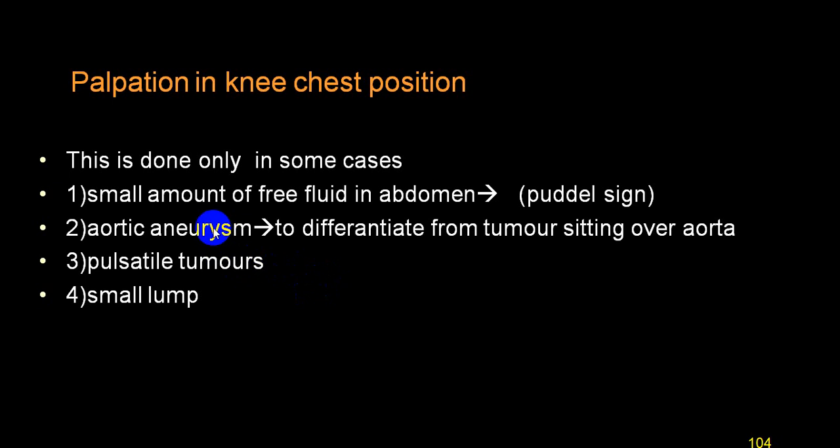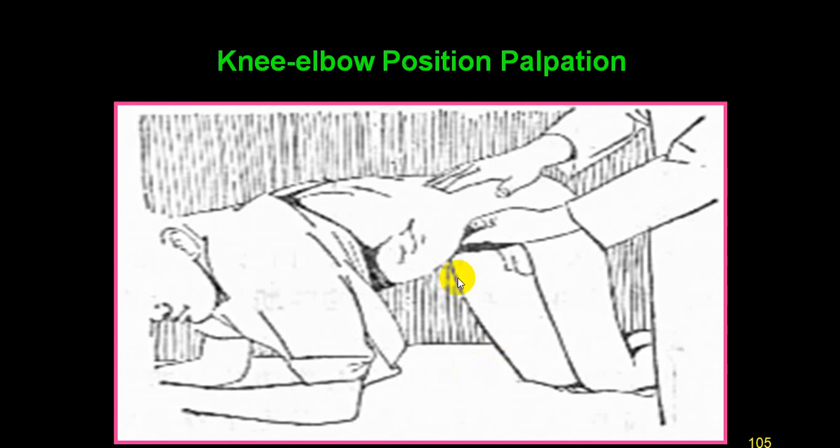But abdominal aortic aneurysm pulsation will persist and it will be an expansile pulsation, not a transmitted pulsation. While in case of a tumor or a mass sitting on the abdominal aorta, it will be a transmitted pulsation. And the Pezzi sign we have already explained in percussion. So this is the knee chest position and you can palpate for pulsation, transmitted pulsation or expansile pulsation.